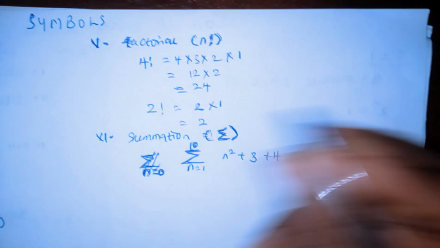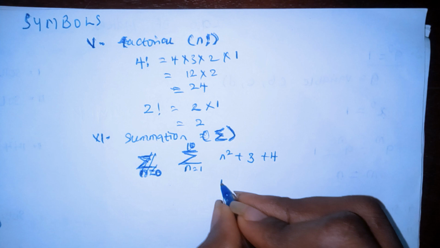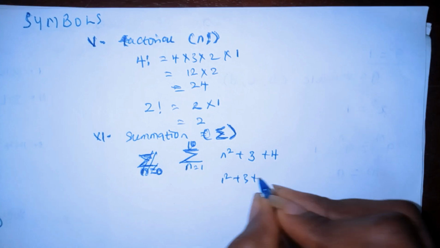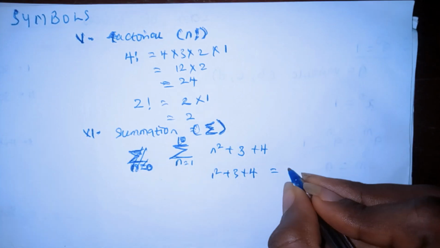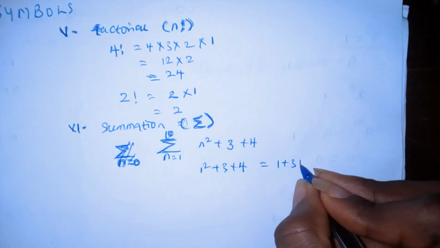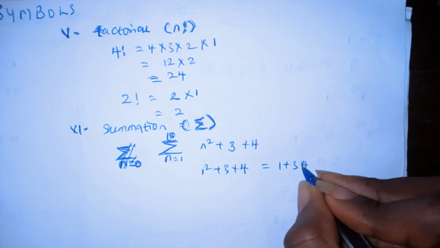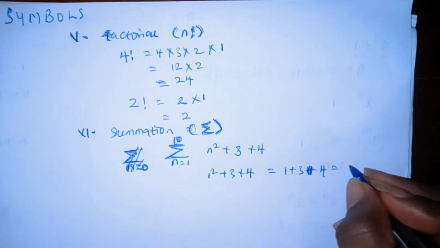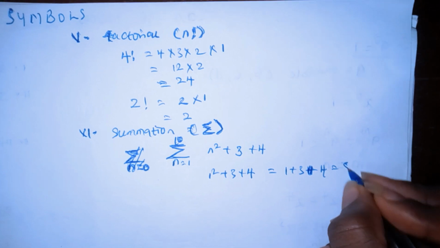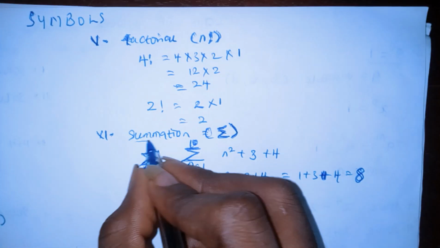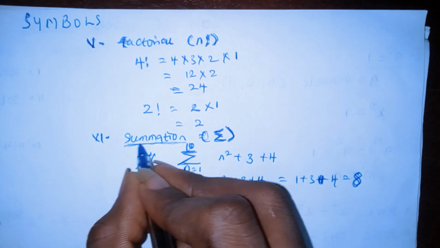It tells you to sum all these things, which is 1 raised to power 2, plus 3 plus 4, which is equals to 8.